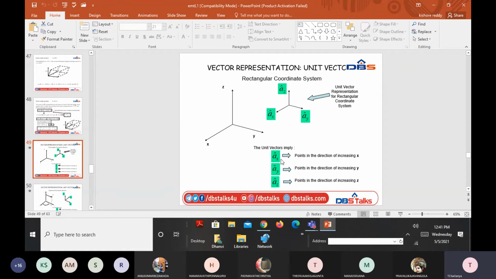So ax cap points in the direction of increasing x, ay points in the direction of increasing y, and az points in the direction of increasing z, which means unit vectors along the corresponding coordinate axes.